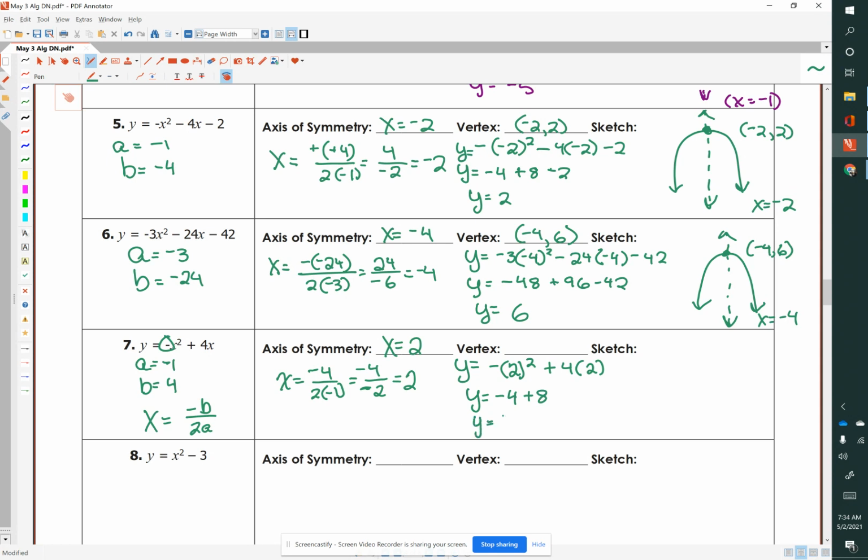So y equals 4. So our vertex is 2, 4. And again, this is a downward facing parabola with the vertex at 2, 4, and the axis of symmetry at x equals 2.